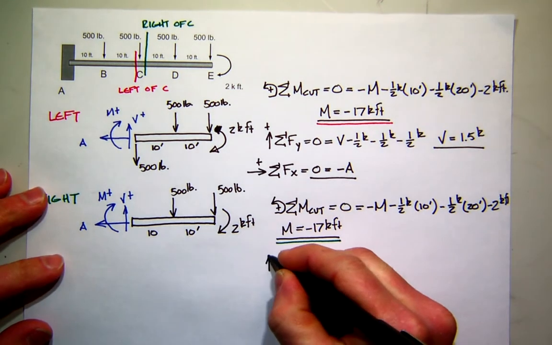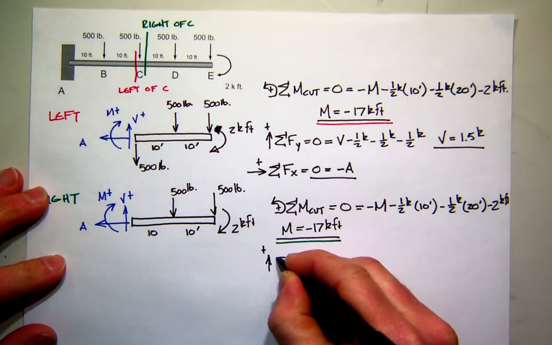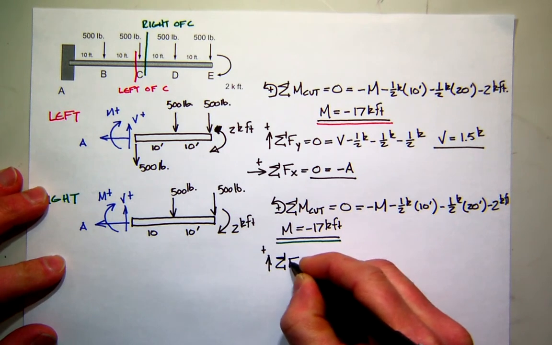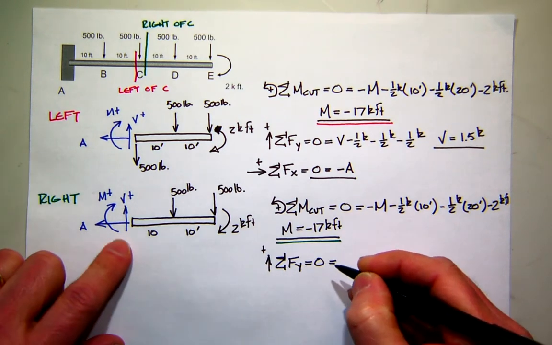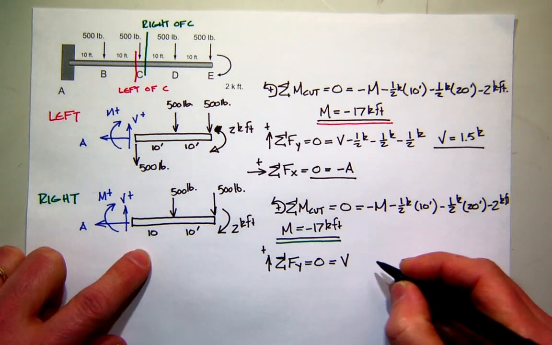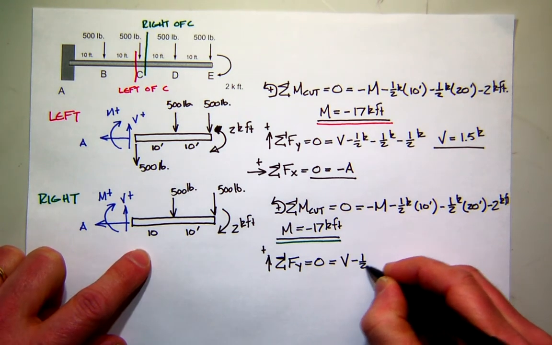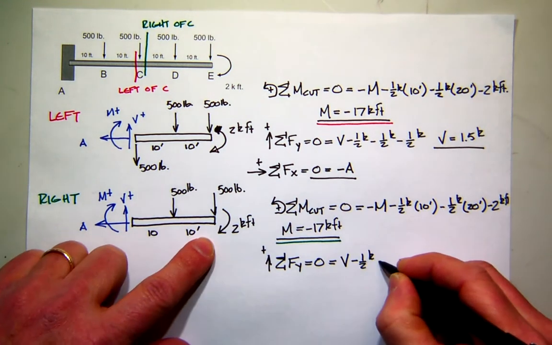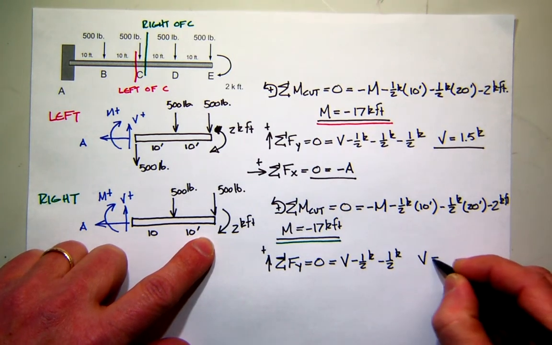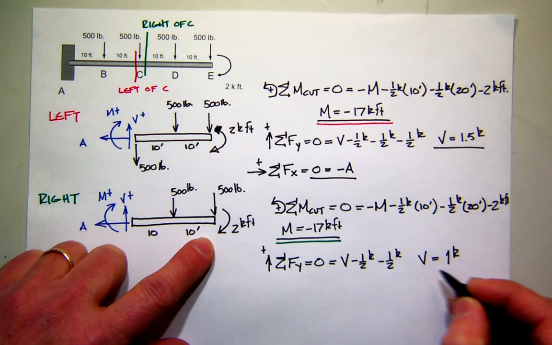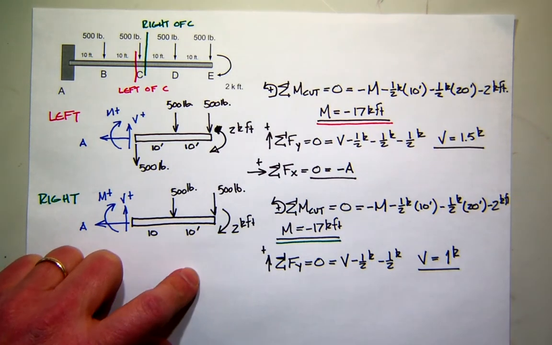So I'll sum forces in the y direction, assuming up is positive. So what do I have? I got positive shear force up, minus half a kip down, minus half a kip down. So my shear force looks like 1 kip. Now what's changed?